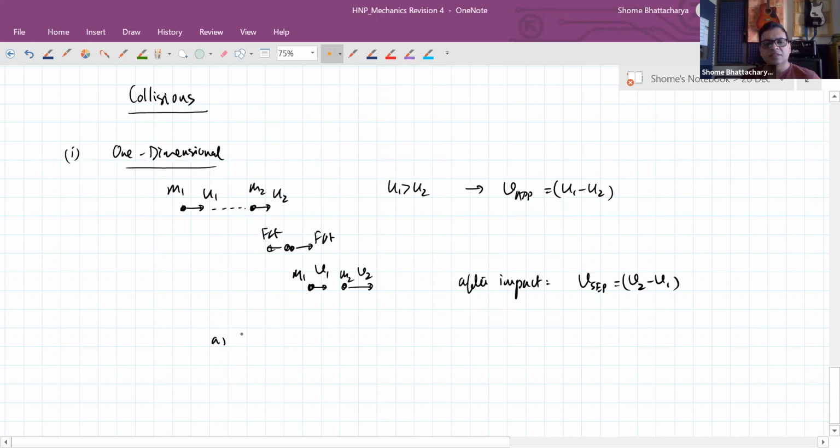So for perfectly elastic collision, you know that kinetic energy is conserved, and that implies that E is equal to 1, or separation velocity is equal to approach velocity.